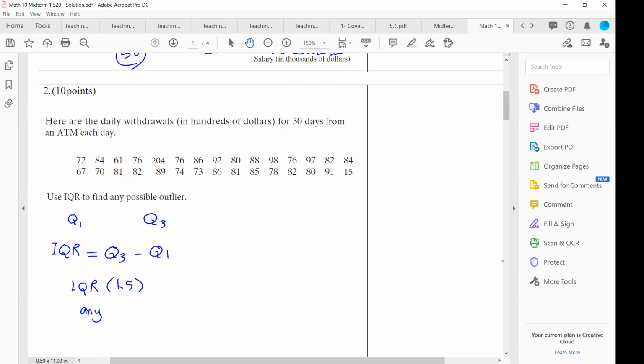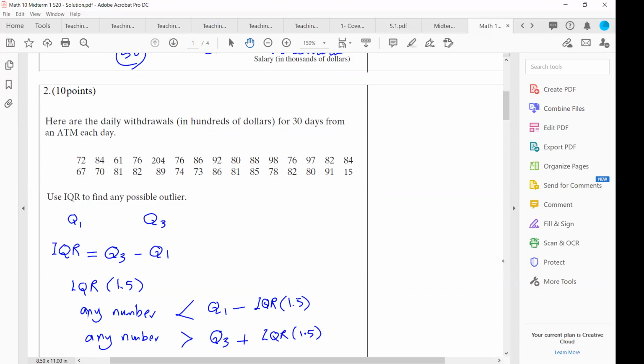Any number in the collection less than Q1 minus interquartile range times 1.5 is a possible outlier. Any number greater than the third quartile plus interquartile range times 1.5 is a possible outlier.